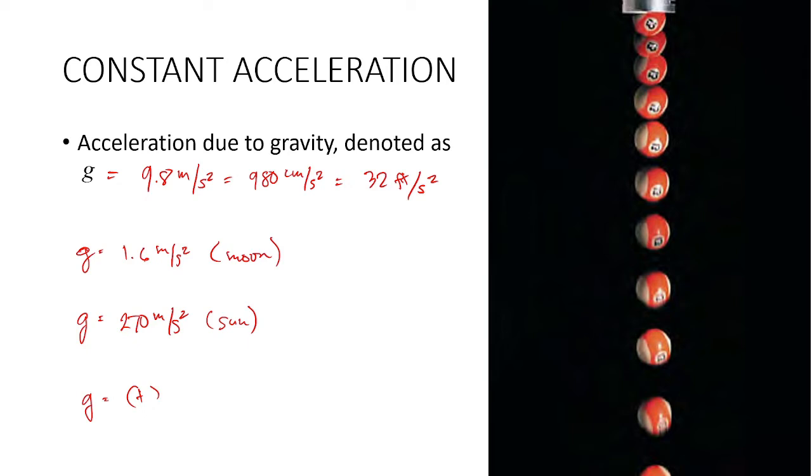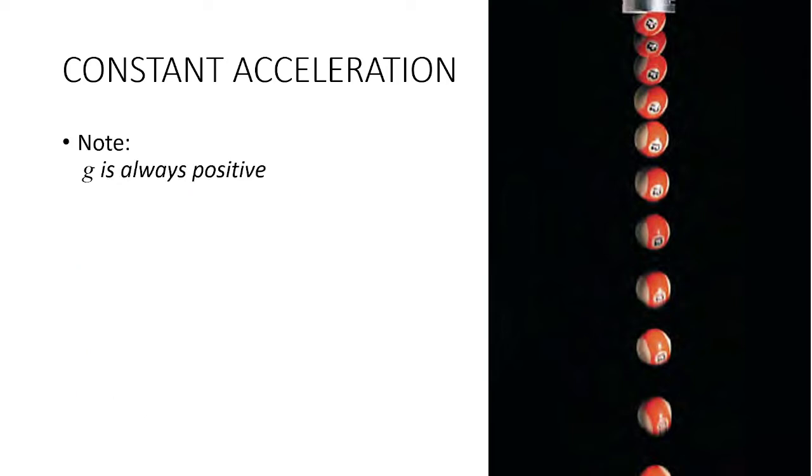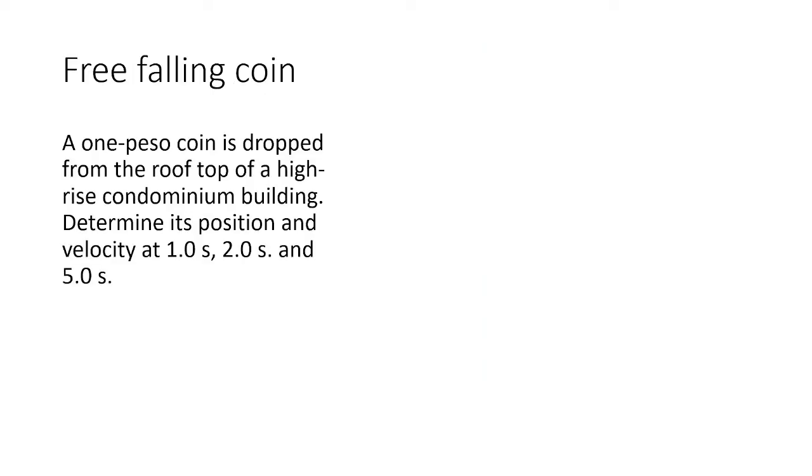So I have here, ayan, nandito pala yung note. Note, g is always positive, or acceleration due to gravity is always positive. Okay? So, let's move on to the problems.